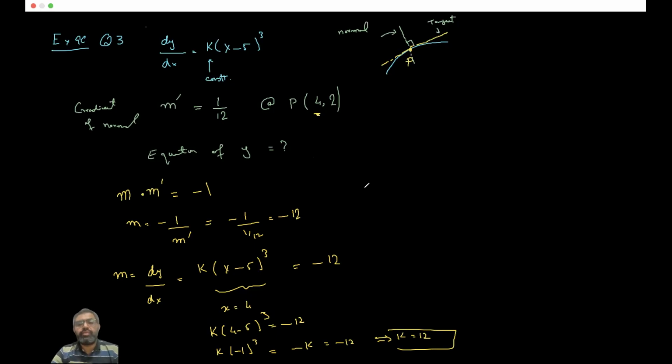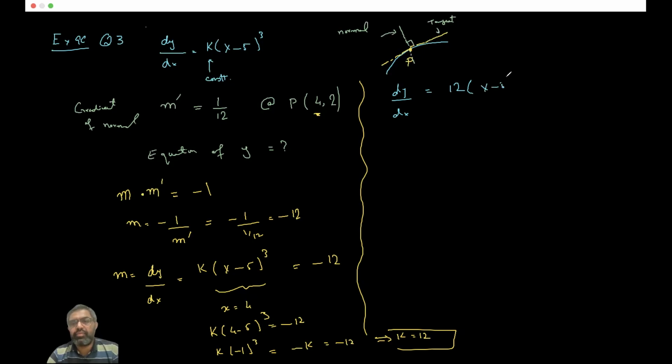Now we have the expression for dy by dx, and then we have to solve for y. So dy by dx is equal to 12(x minus 5) raised to power 3. And we have to integrate it. So we integrate dy by dx dx.